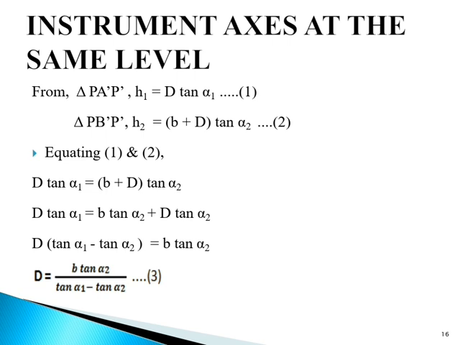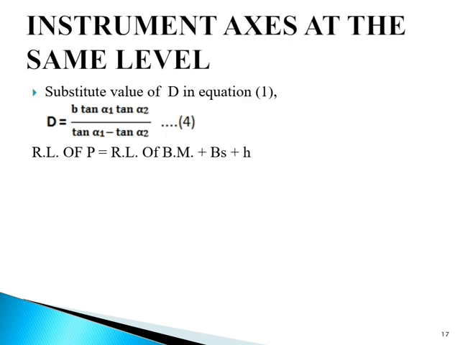Next, the further procedure you can easily do. So D tan alpha 1 is equal to b tan alpha 2 plus D tan alpha 2. Next, D into bracket tan alpha 1 minus tan alpha 2 is equal to b tan alpha 2. So now we get the value of D, which is b tan alpha 2 divided by tan alpha 1 minus tan alpha 2, and it is termed as equation number 3.